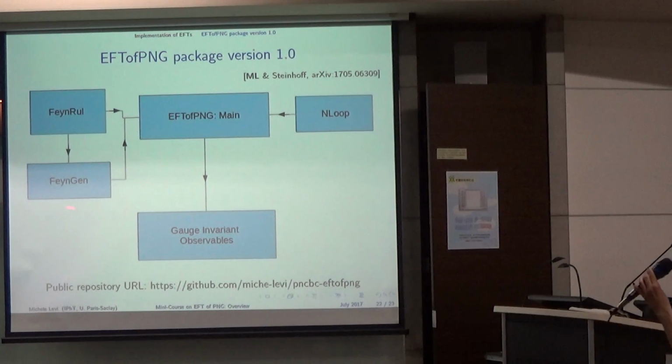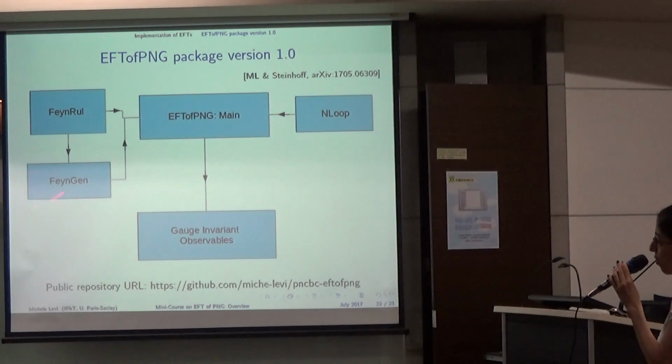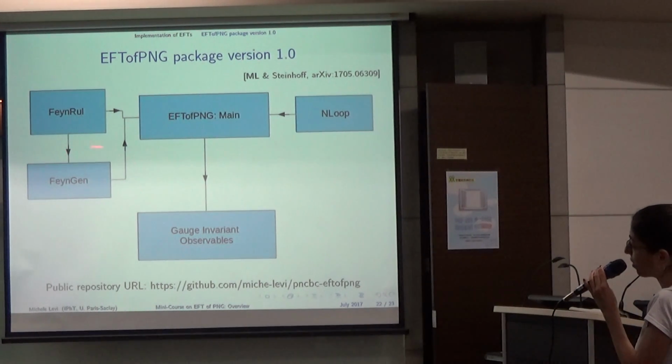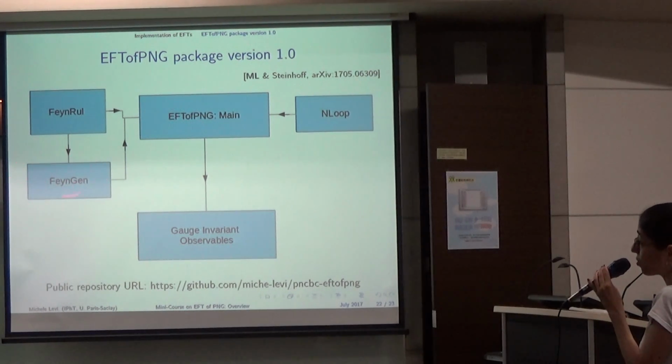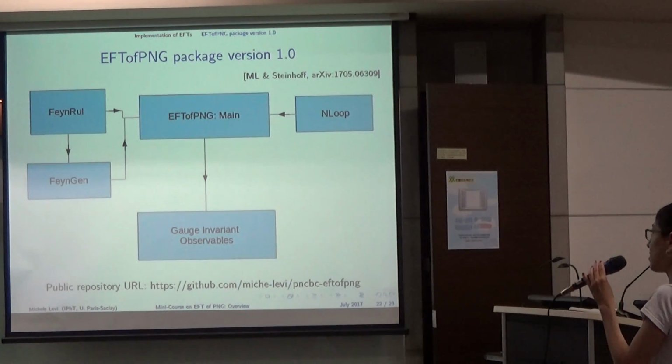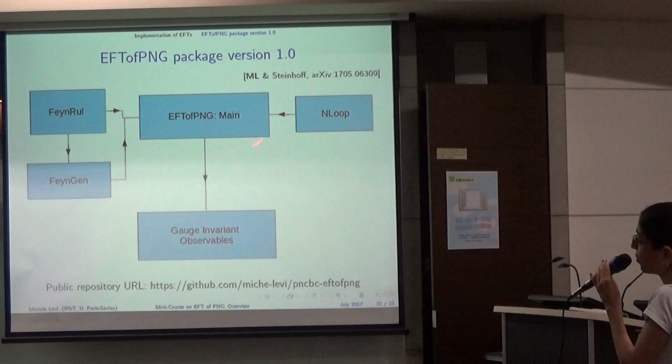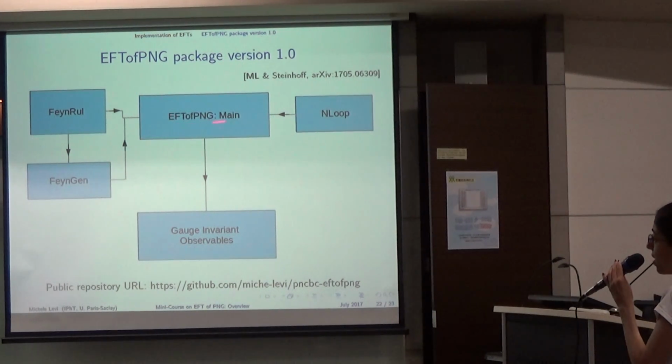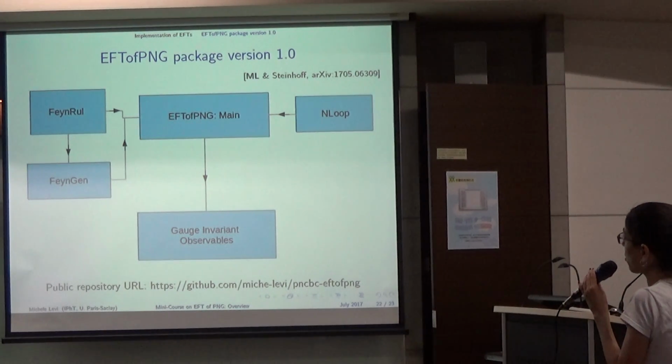Then we have a unit that computes what all the final graphs are that contribute to a certain order. And then these units connect to a main unit that does all the possible manipulations on the Feynman integrals that we have in the specific context.